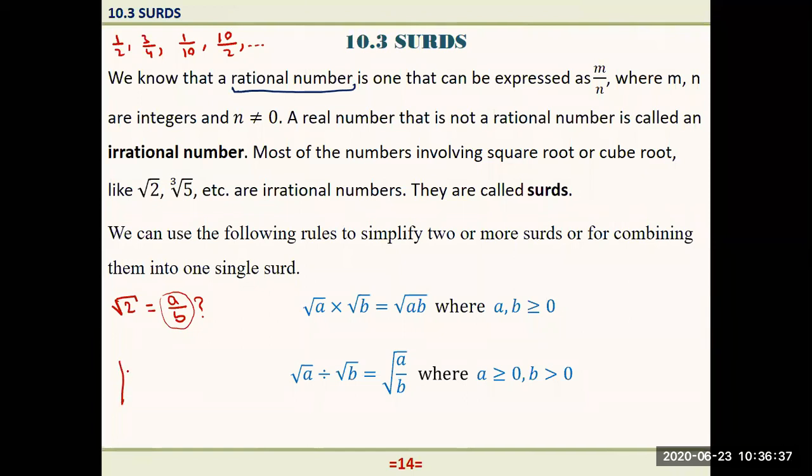Let's say you have a field in square shape. So all sides are equal and all interior angles are 90 degrees. That means it's a square.